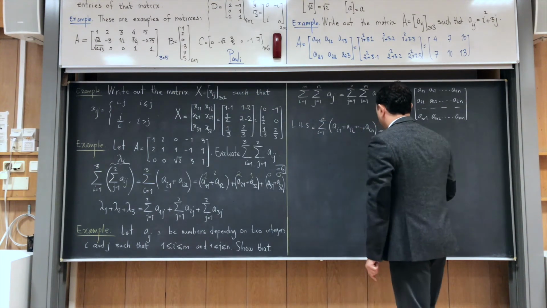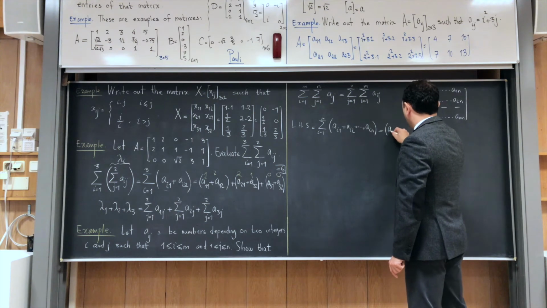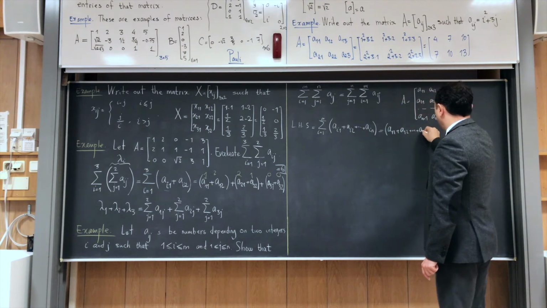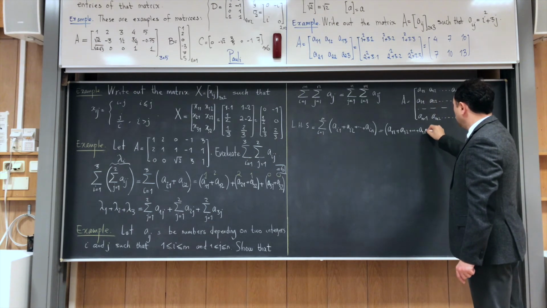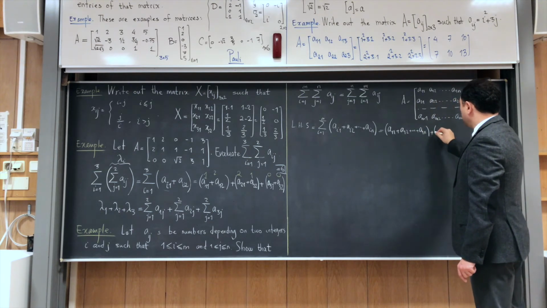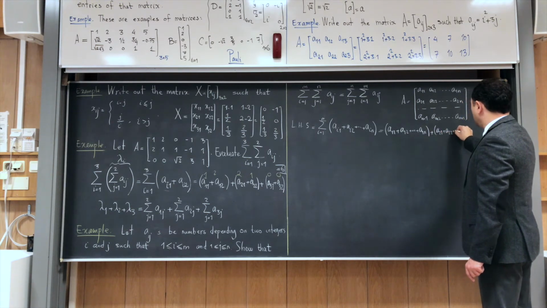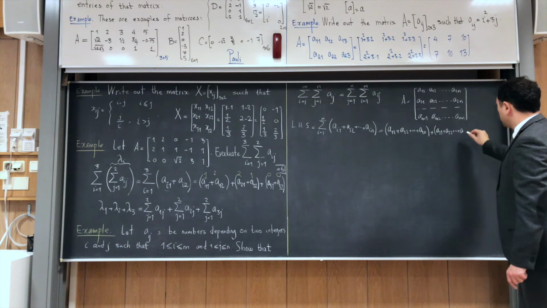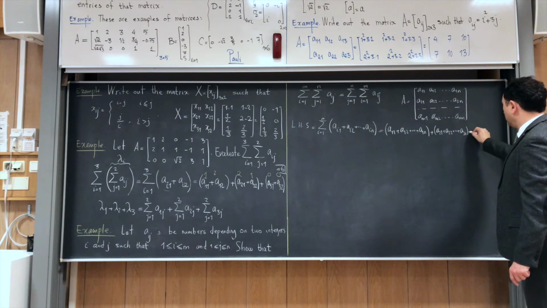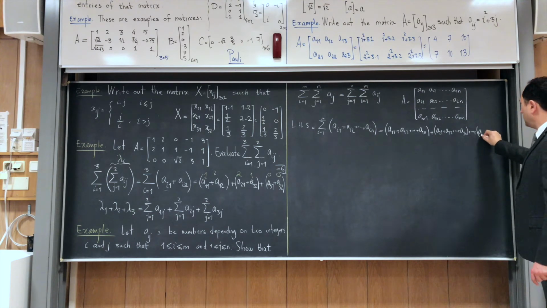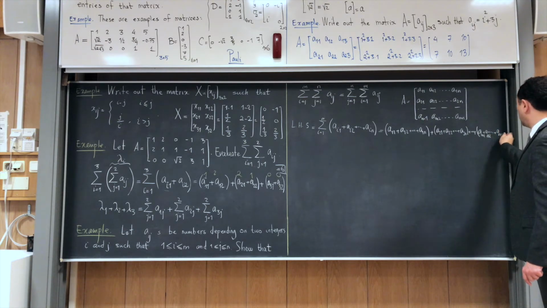So what happens here? This becomes a11 plus a12 up to a1n. And the next one, if I put 2, it becomes a21, a22 up to a2n. And then finally, I continue until the very last one, which becomes am1, am2, and then I continue until amn.